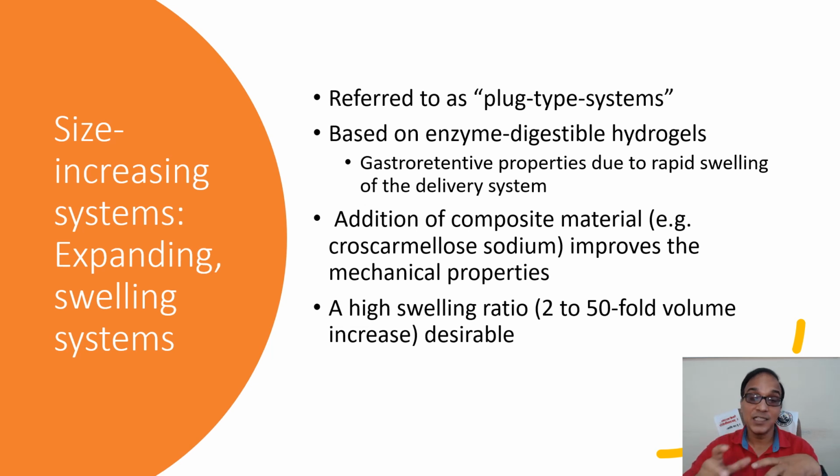You will have to add these components for improving the mechanical strength of this system because high motility is there. That's why the mechanical strength is also required for these systems. A high swelling ratio of 2 to 50 fold volume increase is desirable. So focus on these particular points when you are designing the size increasing systems.